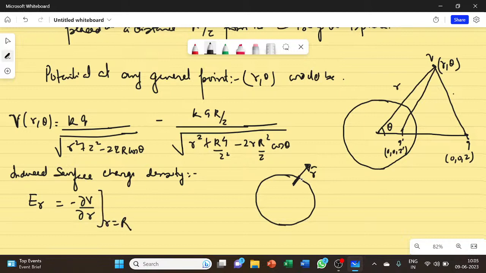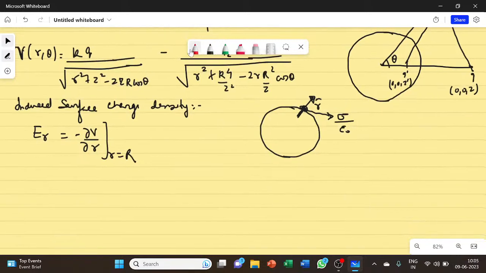So I know that near the surface of the conductor, the normal component of electric field is given by sigma upon epsilon naught. So if I somehow find the normal component of the electric field on the surface of the sphere, I will be able to extract my induced surface charge density from here. So this I can equate to sigma upon epsilon naught.